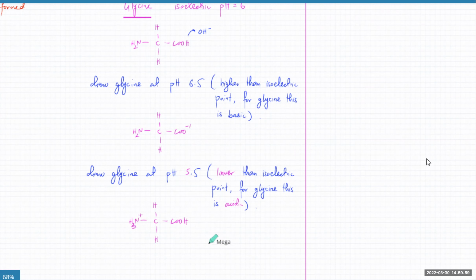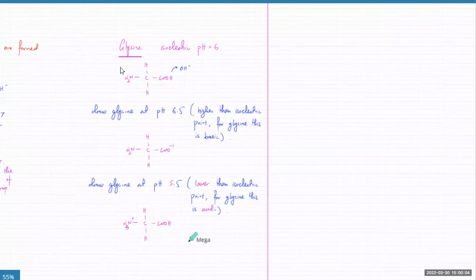Okay? So all these questions will come on the isoelectric point, where they give you an amino acid and tell you the isoelectric point. If the pH they're talking about is greater than the isoelectric point, think of the medium as basic, and then the acid would be the one that would lose H+.